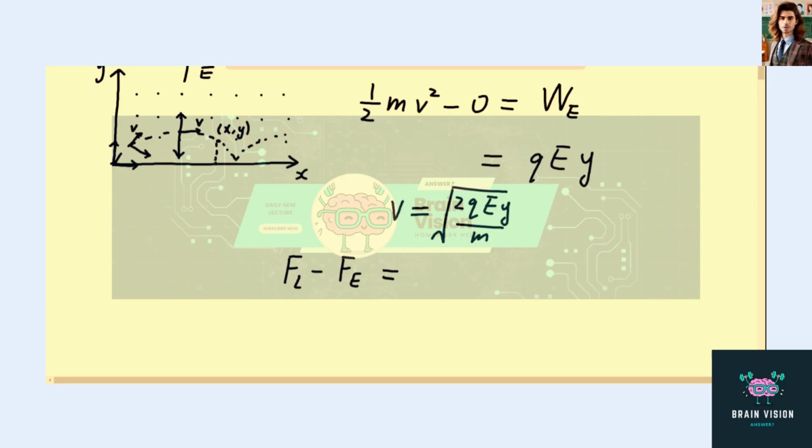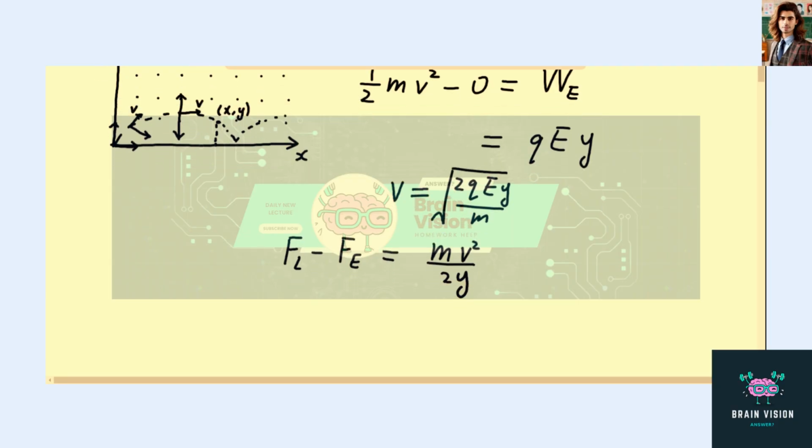So this should be mv squared divided by the radius of curvature, which is given in the question as 2y. And the magnitude of the Lorentz force is just QvB.